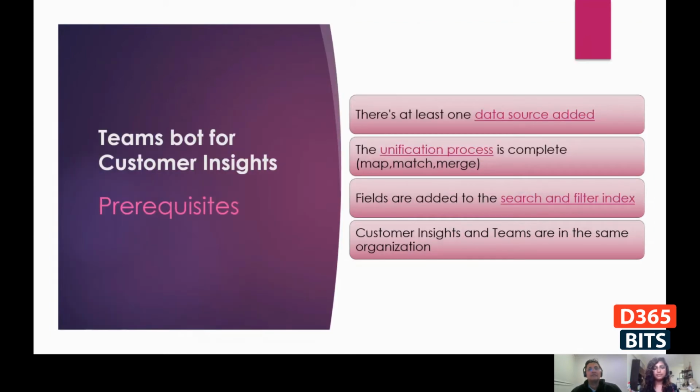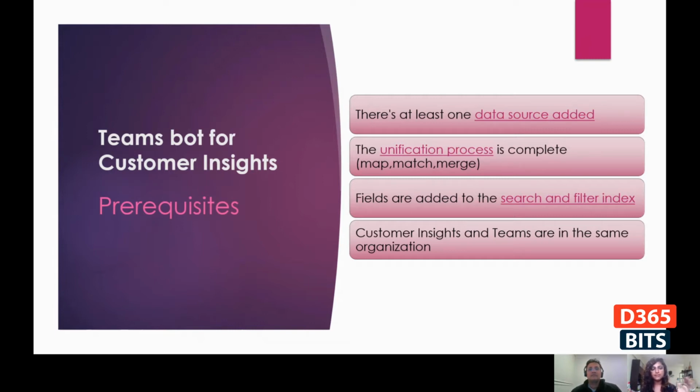Before we start configuring this, let's have a quick look at the prerequisites. The first thing is you should have at least a single data source ingested into your Customer Insights instance, and that's the data ingestion process. Followed by that, you have to do the data unification, which is the map, match, and merge.